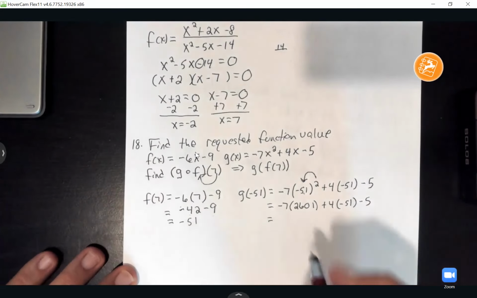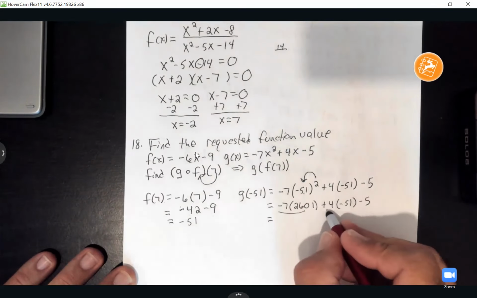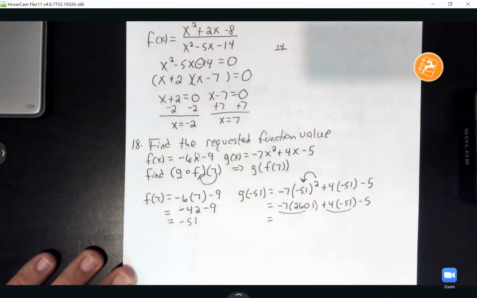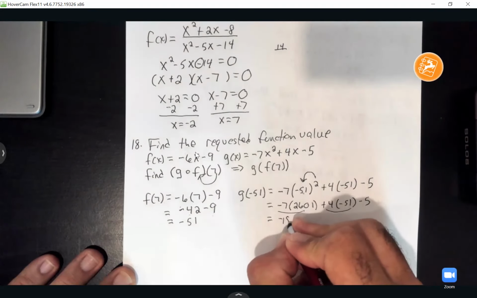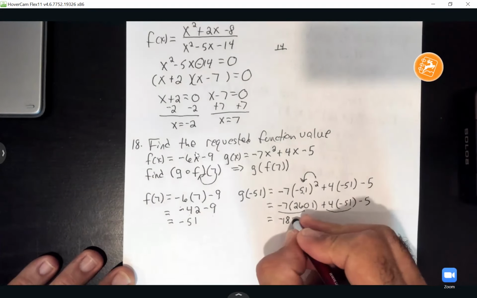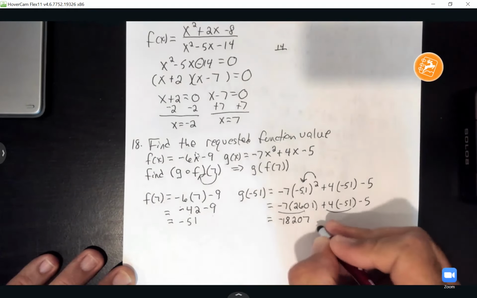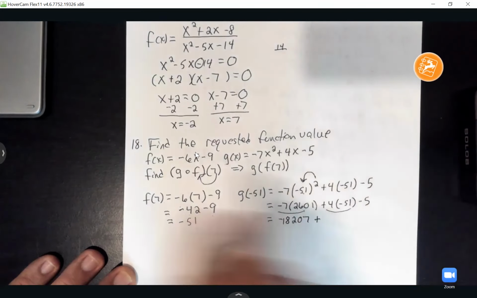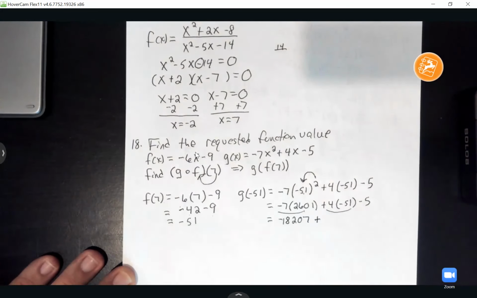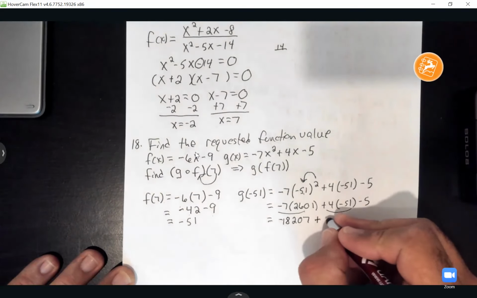So now I'm going to multiply right here and right here. So I got to figure out what -7 times 2,601 equals. That gives me a negative 18,207 plus 4 times negative 51 is a negative 204.